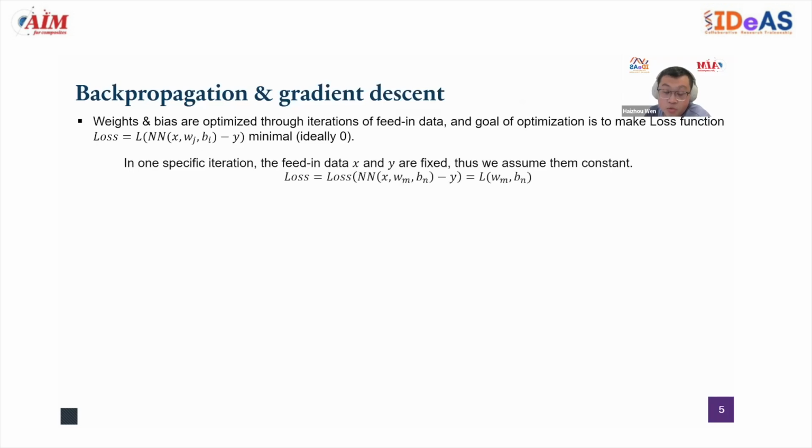If we consider one specific iteration during the approximation process where we assume X and Y data are fixed, they can be seen just like constants in the loss function. So the only independent variables we have in the equation will be the weights and biases. So our mission is to design an approximation algorithm which locates the optimal weights and biases to make the loss function minimal.